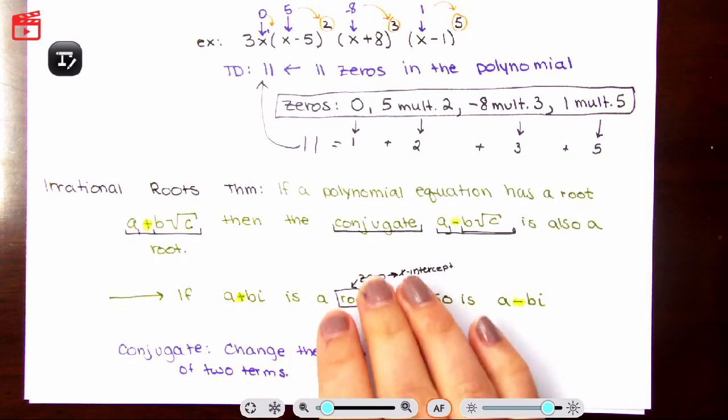All right, let's do an example of how this is going to apply to us. Trying to give you a good one. Let's do this one.